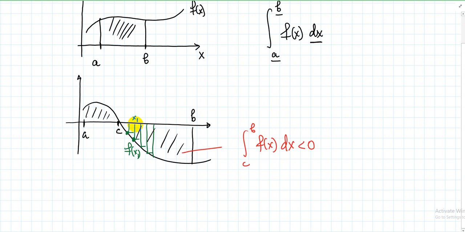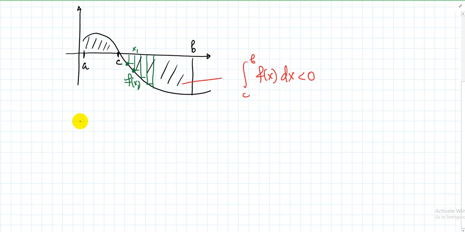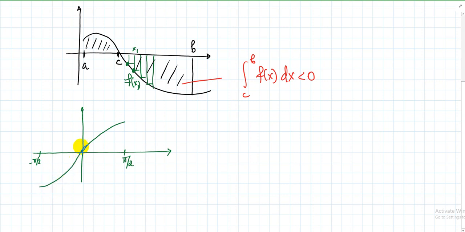Okay? So if I say, your function is given as, for example, the sine. Do you remember how the sine looks like? At pi over 2, it is equal to 1, at 0 it is 0, right? At minus pi over 2, it's minus 1, right? It looks like this.